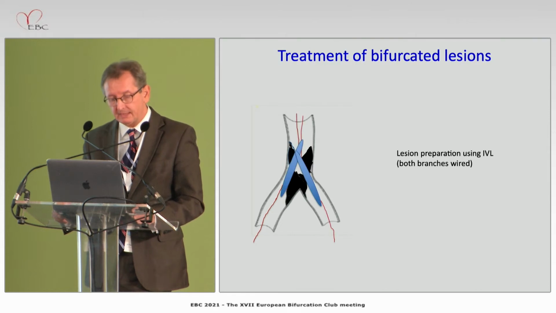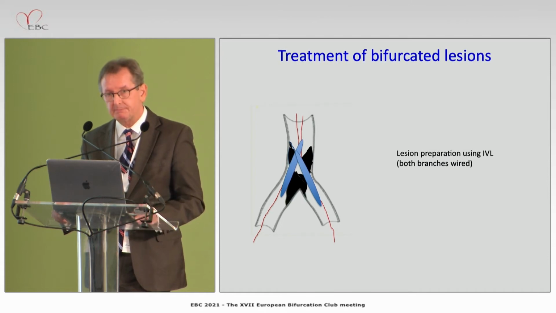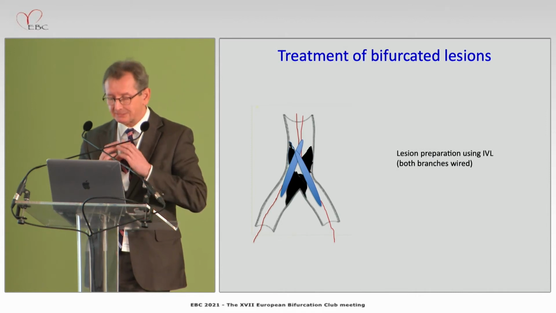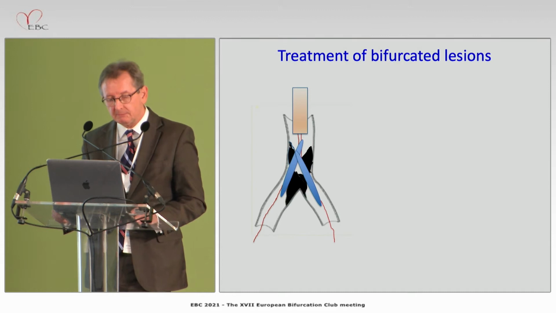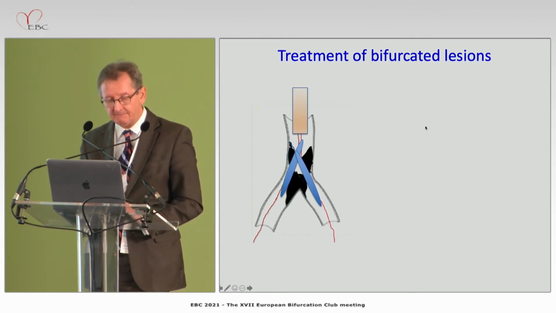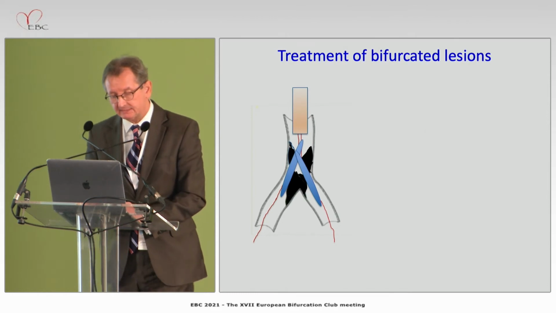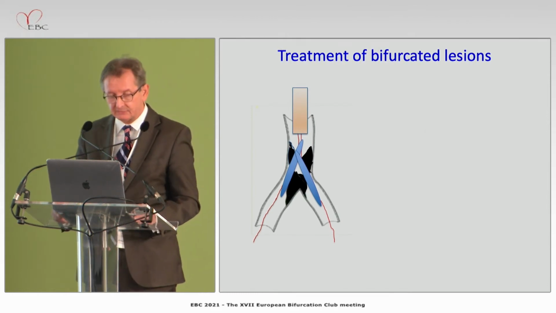If you go with predilatation with shockwave balloon, after you prepare the lesion with a 1.5 or better 2.0 balloon, just to make a channel for a shockwave balloon, then you will be on the safest way, and you have here both vessels wired. And sometimes there is a guiding extension needed.